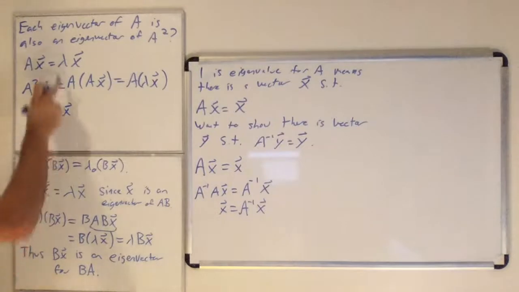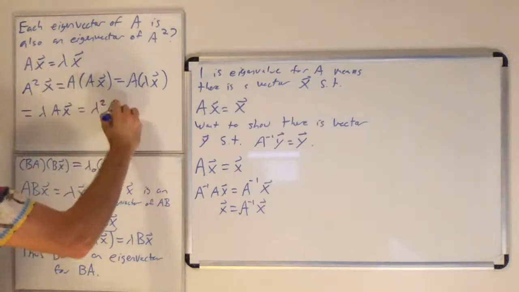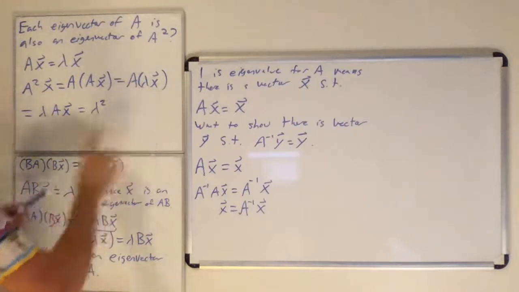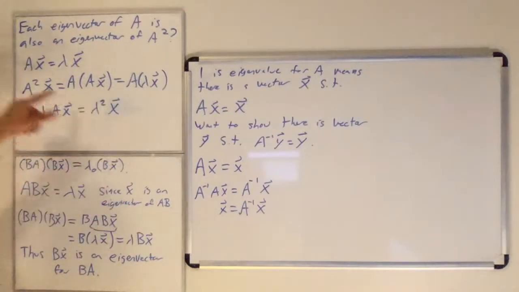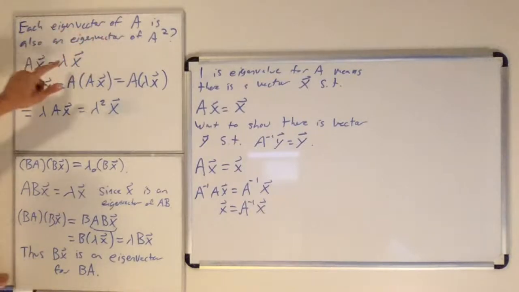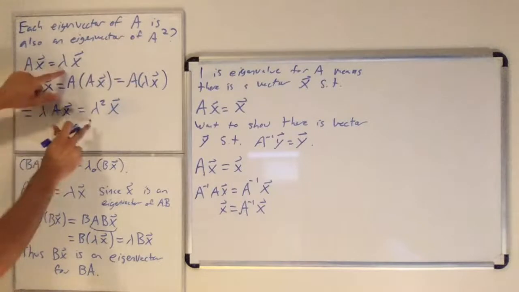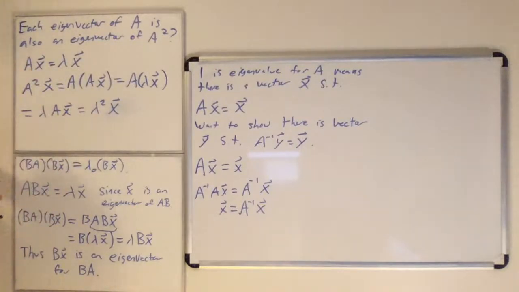And again, AX is equal to lambda x. So this is equal to lambda squared x. So yes, each eigenvector of A is an eigenvector of A squared. And notice that its eigenvalue gets squared when we square A. And that's not a coincidence.